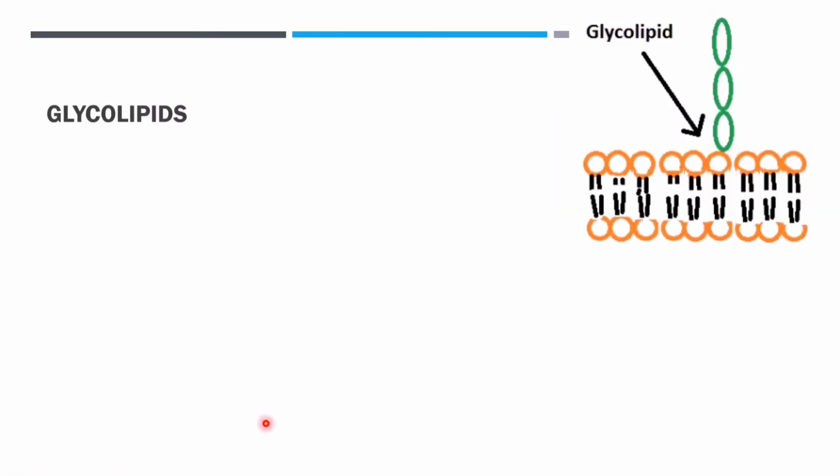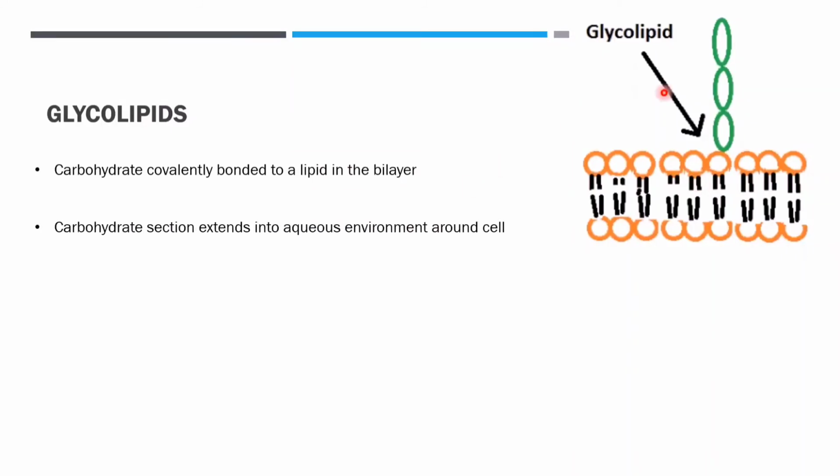So next is glycolipids. And as you can see on the right, this is the glycolipid, because glycolipids are carbohydrate chains covalently bonded to a lipid in the bilayer. And these carbohydrates extend into the aqueous environment around the cell.